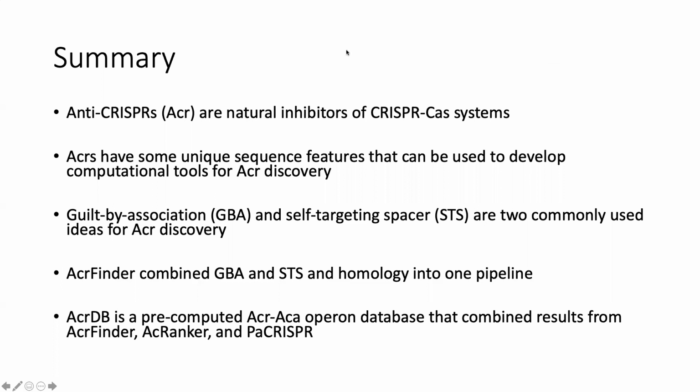To summarize, I've shown you that anti-CRISPRs are natural inhibitors of CRISPR-Cas systems in prokaryotic genomes and phage genomes. ACRs have some unique sequence features that have been used to build computational tools for ACR discovery, and 2 widely used approaches for ACR discovery are guilt by association and self-targeting spacer.